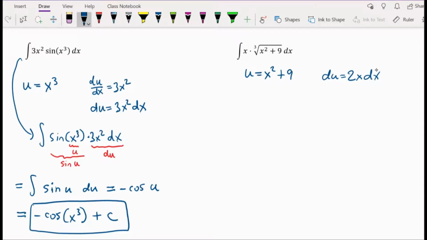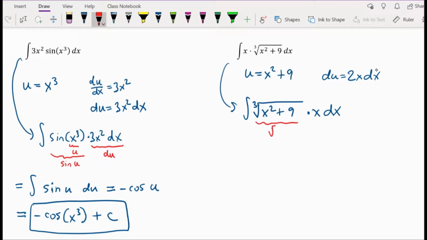So let's go back here. The integral, if I rearrange this a little bit, I want to put the thing that looks like du next to the other part. So I'm going to rewrite it as the cube root of x squared plus 9 times x dx. We can readily see that this is the cube root of u.